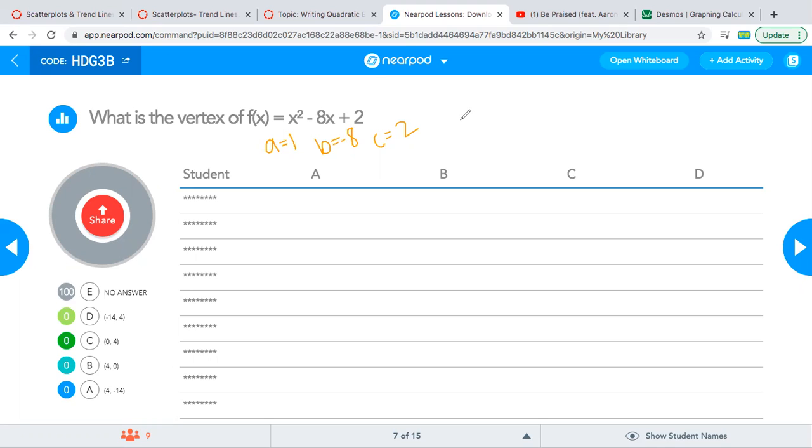Well, since B is negative, negative negative would make a positive. Absolutely. Awesome.